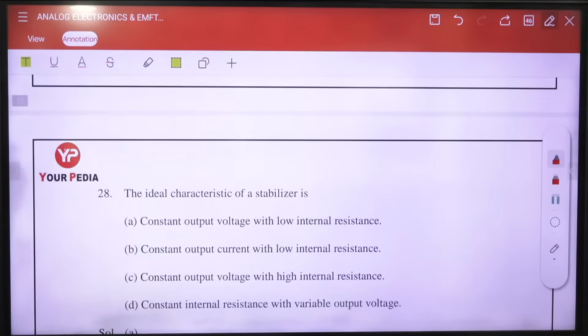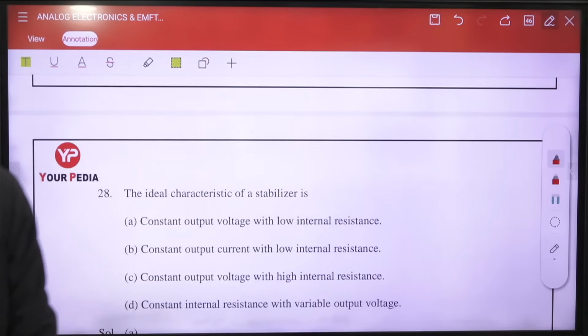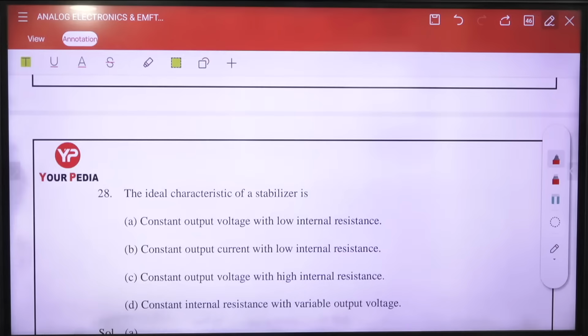Yes, the ideal characteristic of a stabilizer. What are the ideal characteristics of a stabilizer? Tell me. The answer will be what? See, what is a stabilizer? It will give you a constant output voltage. Very good.